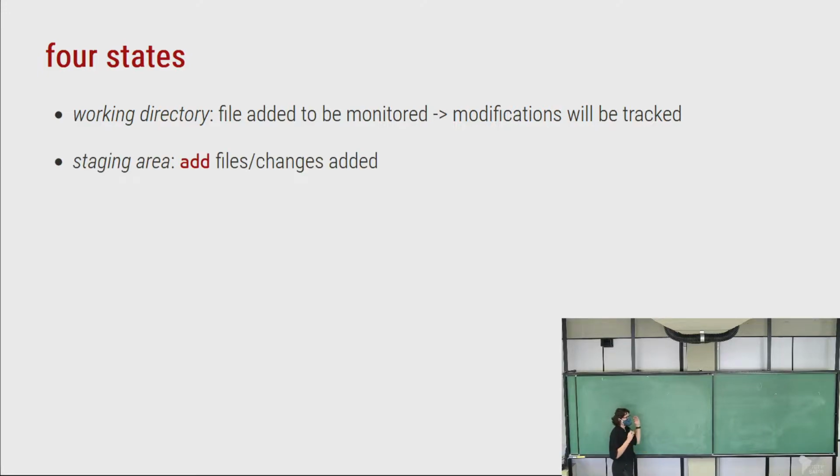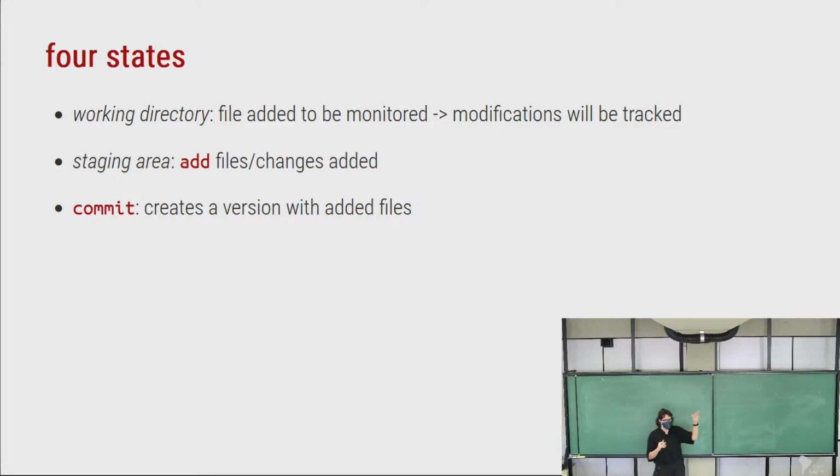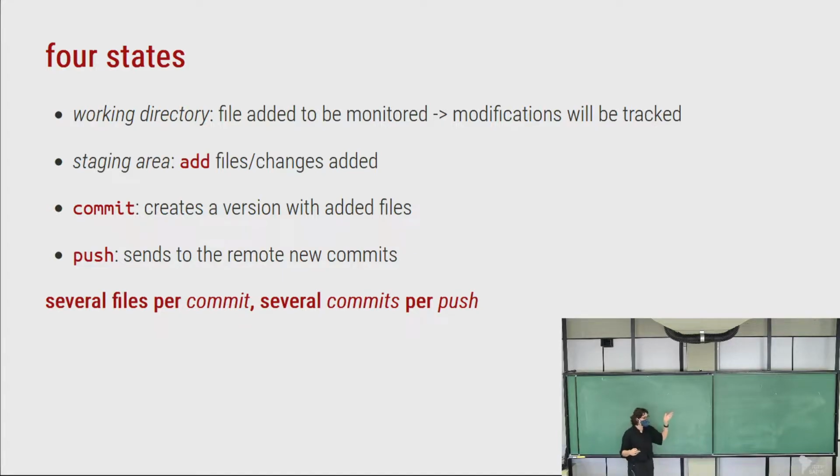We have a staging area, so every time we add a new file or modify an existing file, we add that. This is the staging area. And then the commit. The commit creates a version with added files. And push sends to the remote all the new commits.